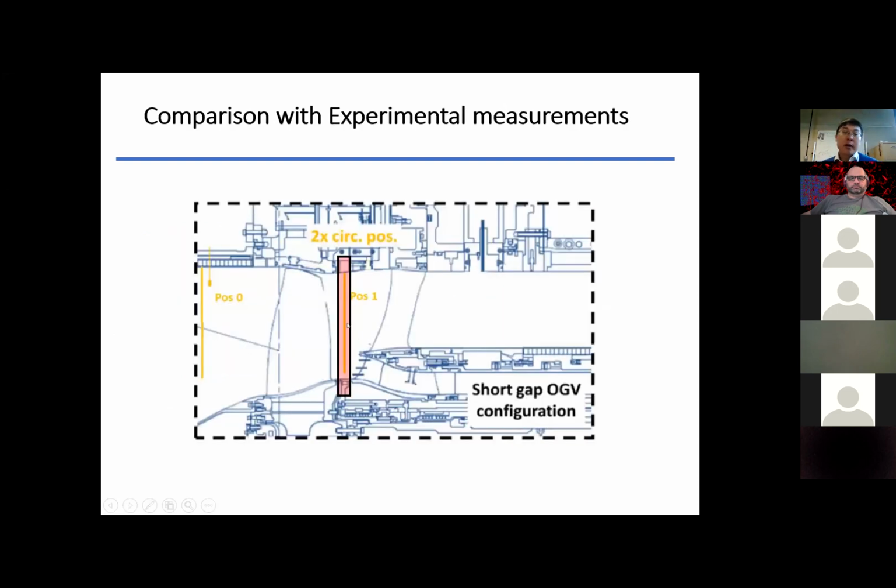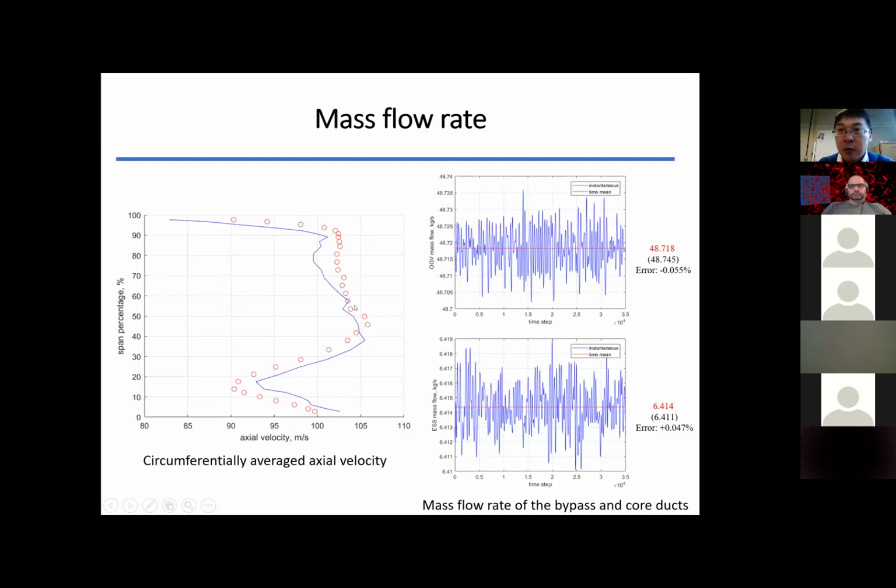We compare our simulation with the experimental measurements just downstream of the stators, and the measurement uses a hot wire. Before comparing the flows in detail, we check the operating conditions of our simulation.